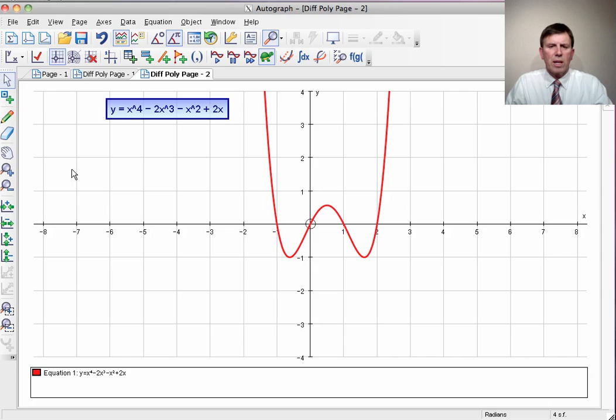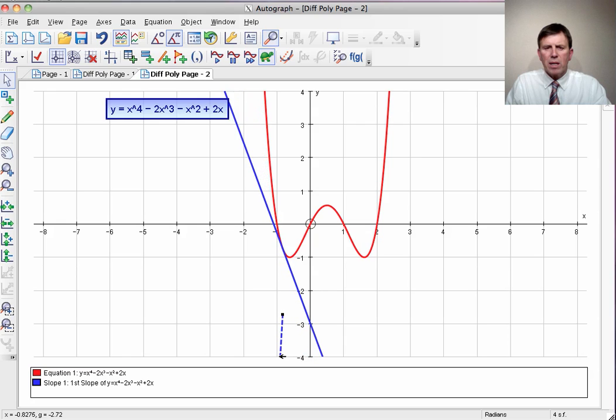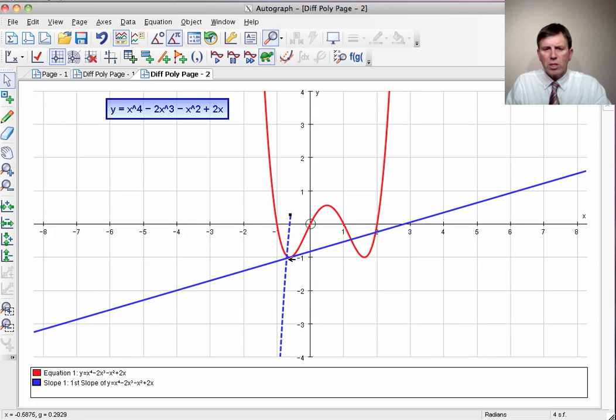Right, ready to plot again. This time the gradient's steeply negative, so it can't plot it at the moment, it's off screen. But we'll find it comes on down here somewhere at minus 4. There it goes, minus 4, and it's getting less negative, heading up towards 0 at the turning point.